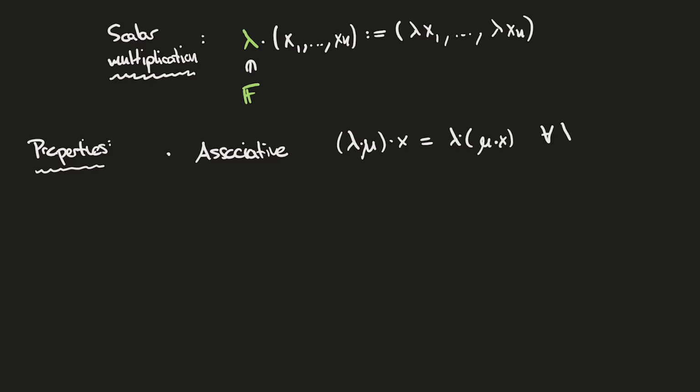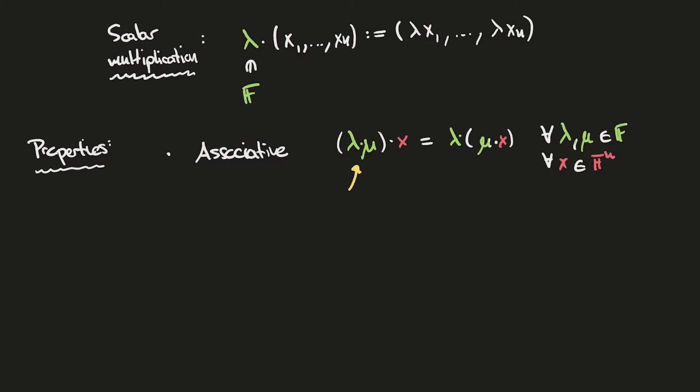This holds for all lambda and mu in F and for all x in Fn. Here we have to be careful again because these lambda and mu's live in the field F, while this element x lives in Fn.